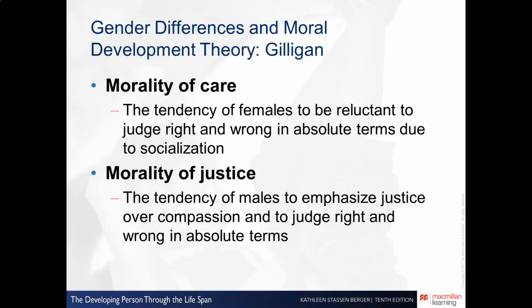That's the tendency of females to be a little more reluctant to judge right and wrong in absolute terms, and that's due to socialization, because in certain cultures, that's just the way it is. Males, on the other hand, tend to emphasize justice over compassion, and to judge right and wrong in absolute terms. That's called morality of justice.